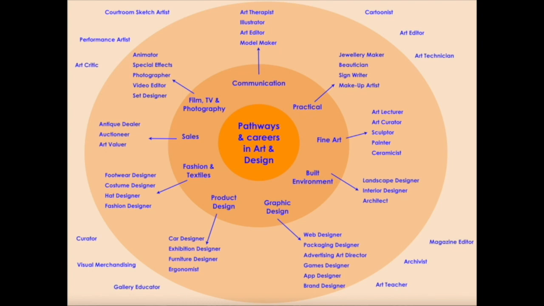So this chart here just shows some of the pathways and some of the careers that students with an art qualification or an art-based qualification could move towards, from being an art therapist, an illustrator, jewelry design, sculptor, interior designer, web designer, gallery educator. As you can see, there's quite a lot there, and you can investigate all of these different pathways and see what's involved in either courses available after GCSE or even careers.